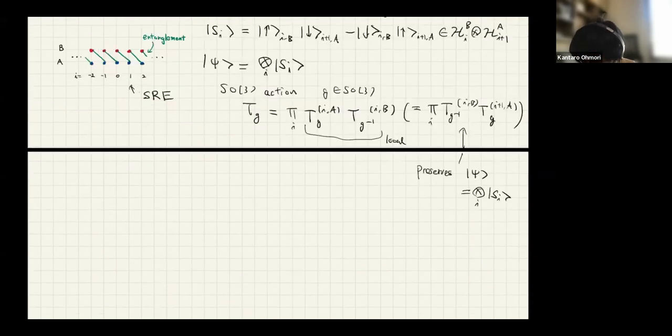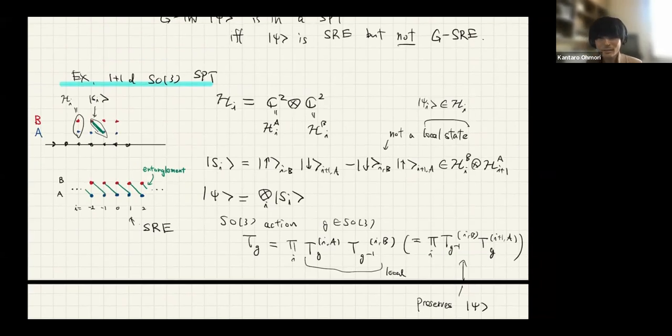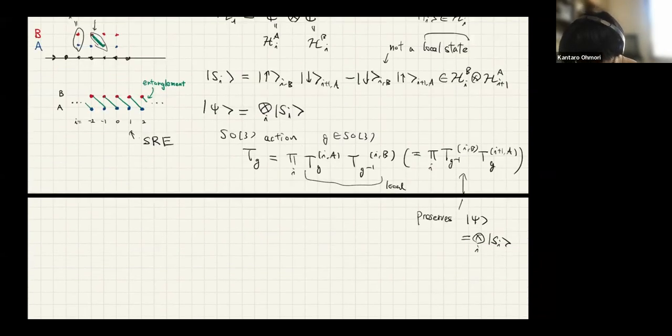So then I want to claim that this is SPT rather than prove it by definition. The details can be found in the nice paper, not the Chen-Gu-Wen one, but this one by Prakash, Juven Wang, and Wei.